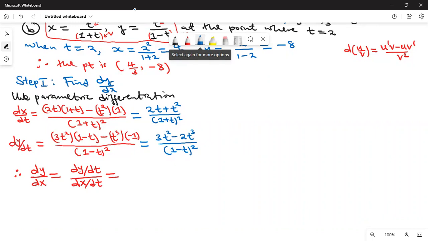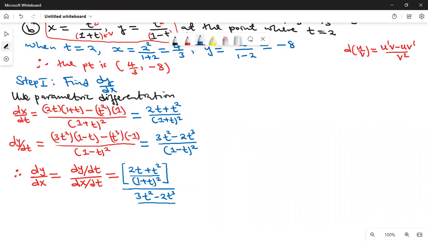So our numerator is 3t squared minus 2t cubed over 1 minus t, squared. We are dividing by 2t plus t squared over 1 plus t, squared.